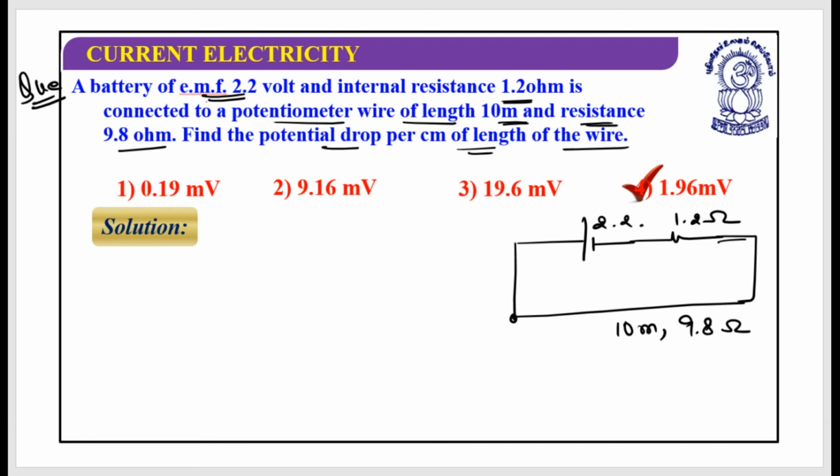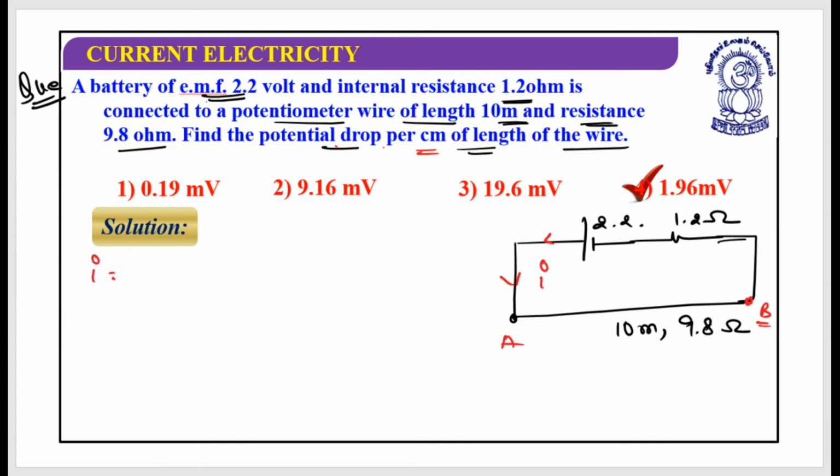Let's say this is point A, this is point B, this is the length of the potentiometer wire. I need to find the potential drop per centimeter of length of the wire. Initially I need to find the current flowing through this.